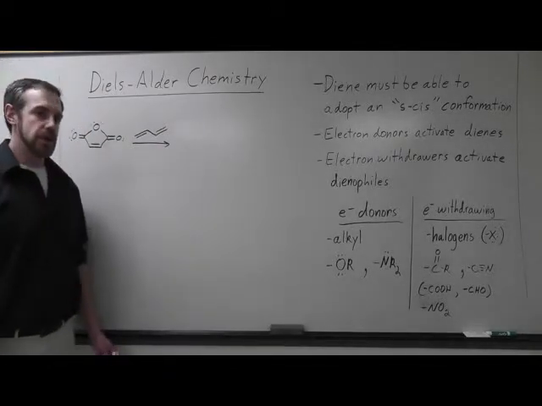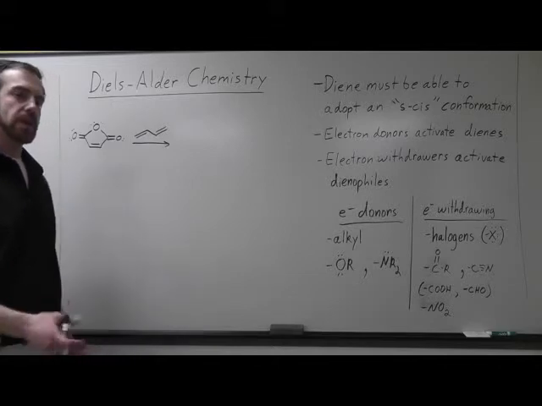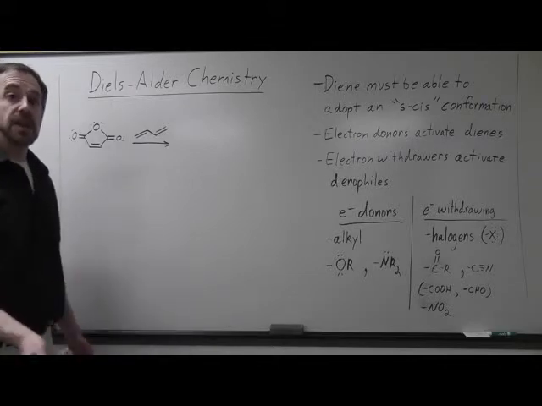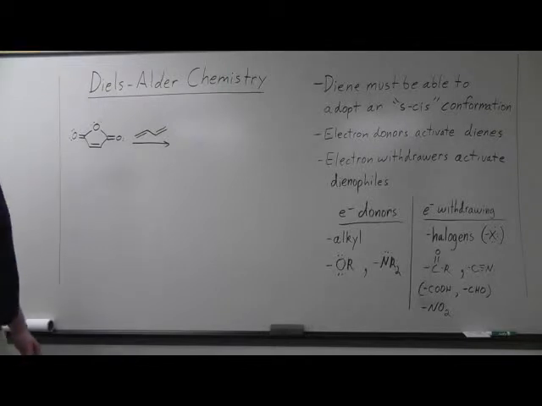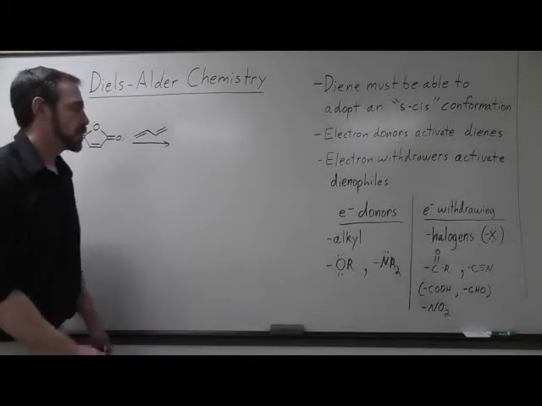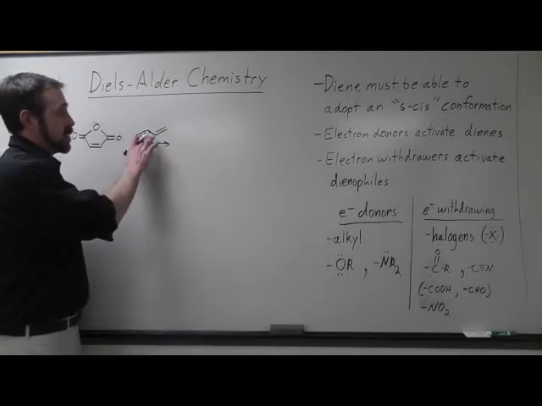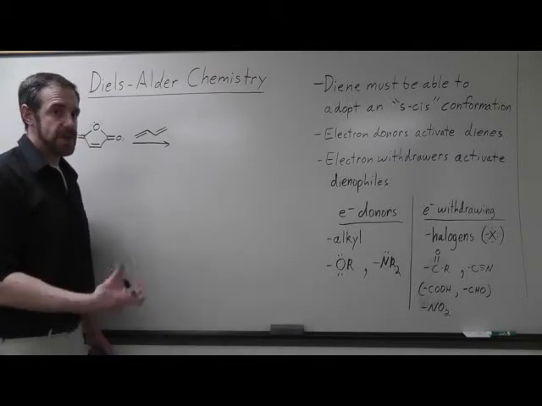So here's one, and you should go ahead and attempt it and think of how it would work. Identify your diene and your dienophile. In this case, the diene is drawn over the arrow, but it can still react.